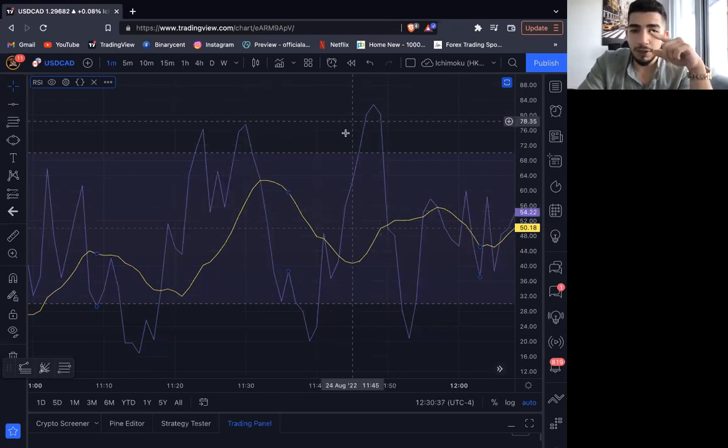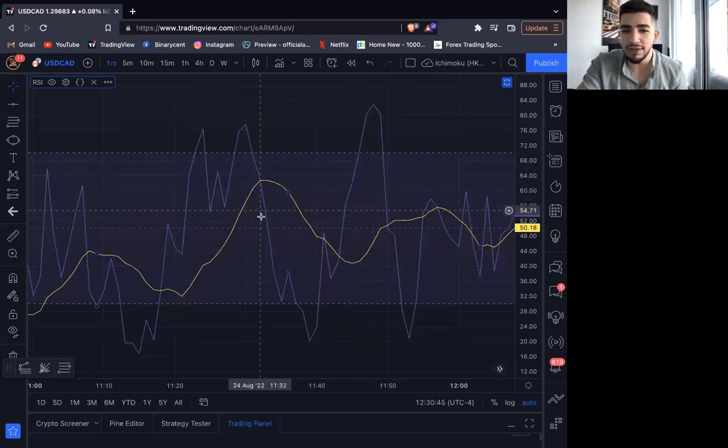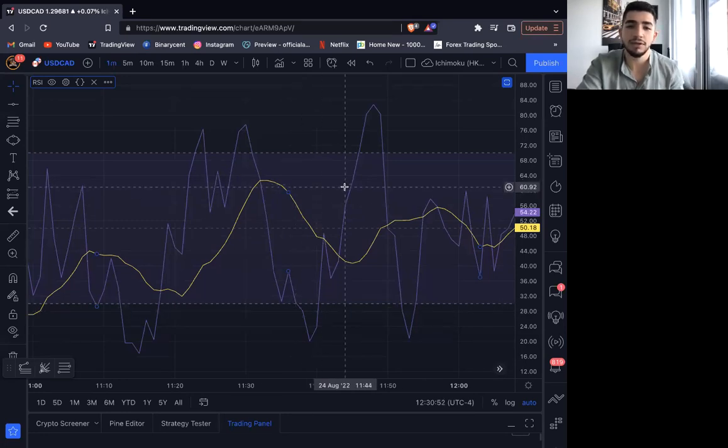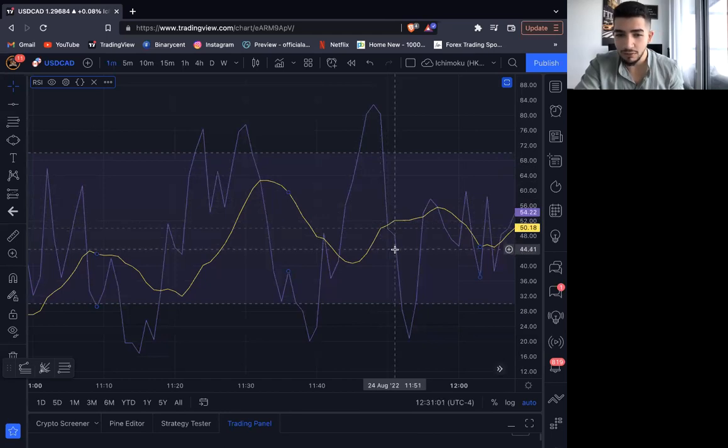We treat this purple RSI line like a tennis ball. If you throw a tennis ball to the floor, it's going to bounce back up, right? If you throw a tennis ball to the ceiling, it bounces back down.